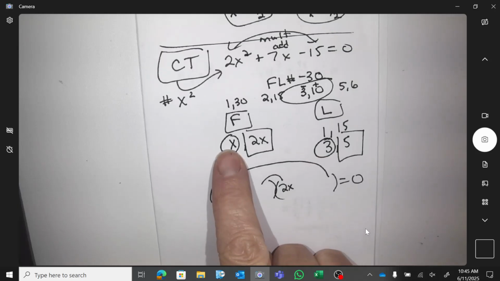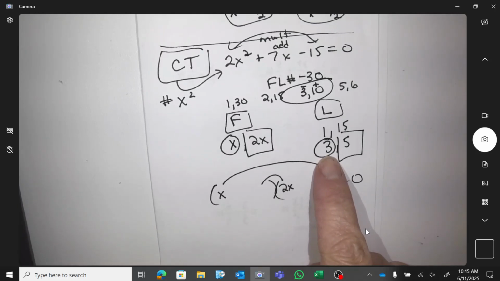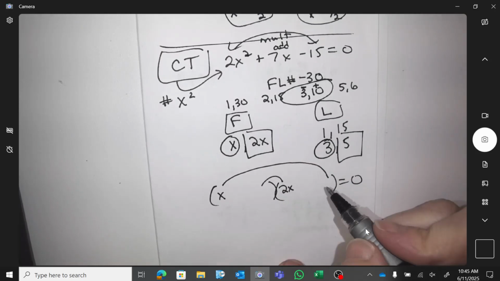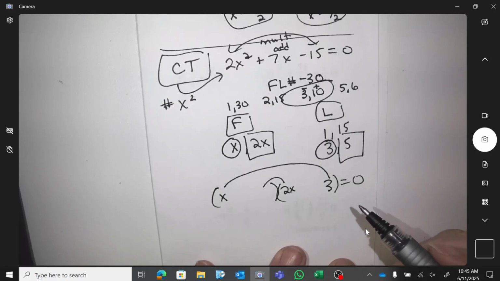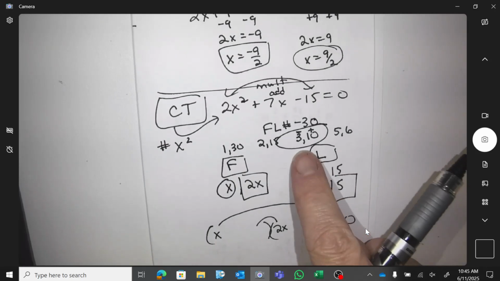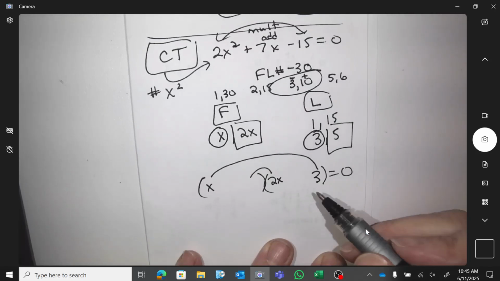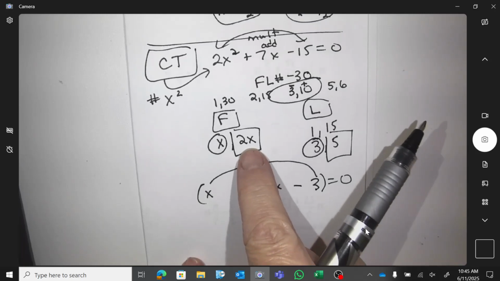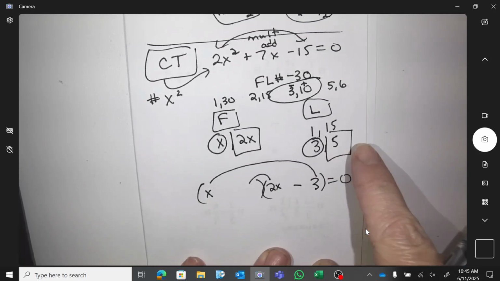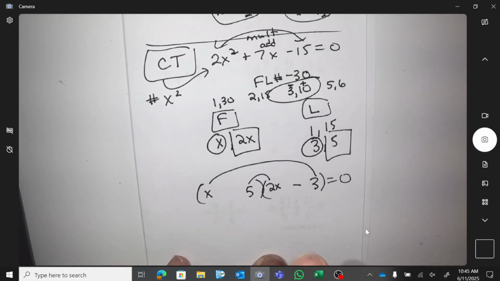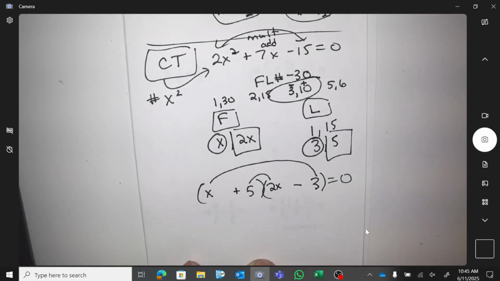What are the connectors here? The x has to connect on the hook to a 3. What kind of 3? Plus or minus? We wrote it up here. Minus. And the 2x has a connection to the 5. So you can see the hooks make 10x's. And we wanted that to be positive.